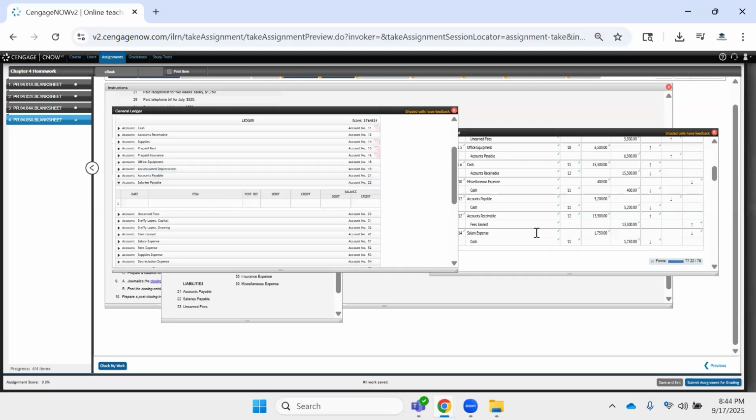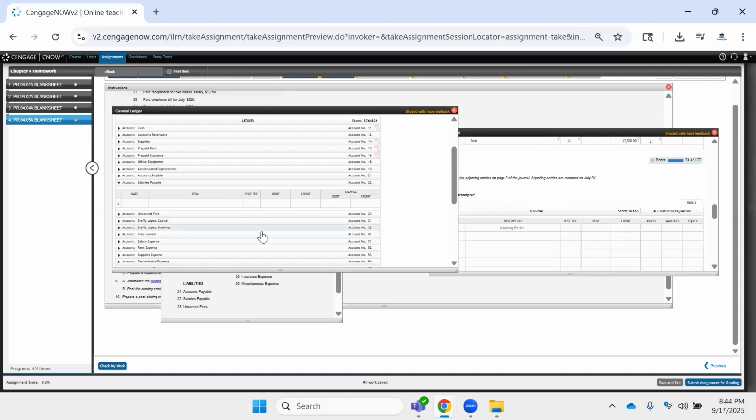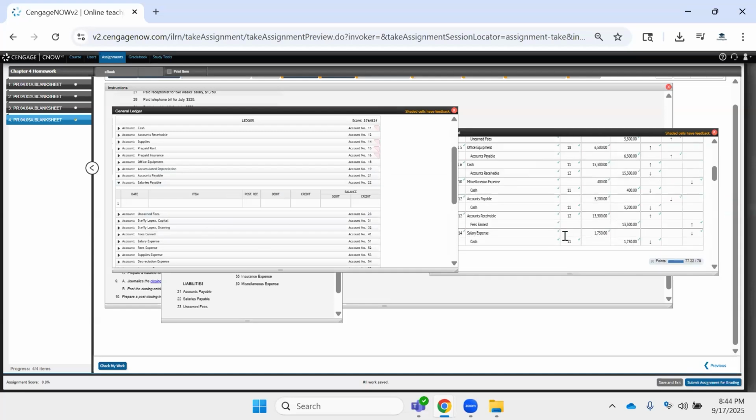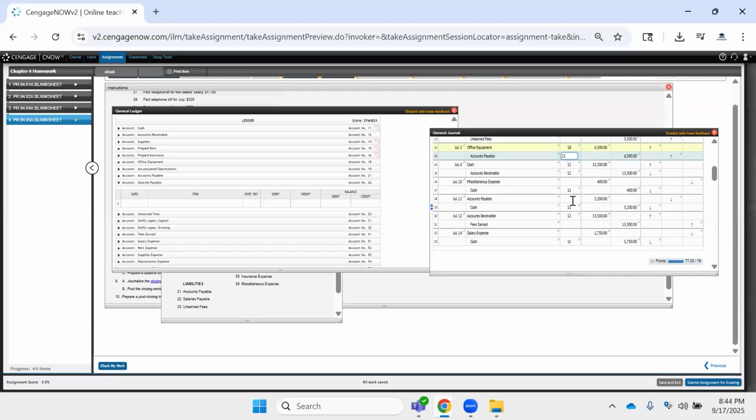Our salaries payable will be an adjusting entry. We didn't do that yet. We have to make sure to put in our accounts payable. That was number 21. Add that to our posting reference.